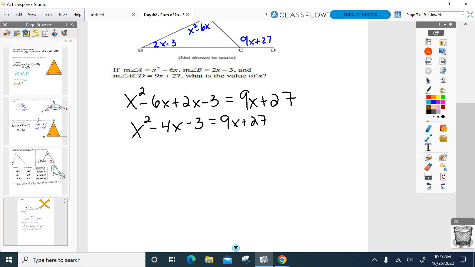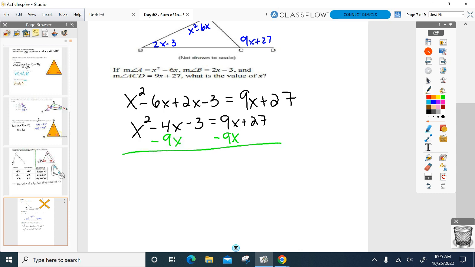Good. Hey, is my x squared already positive? Yeah, but let's keep it that way. Don't move it over to the right and make it negative. So move the 9x and the 27 over to make one side equal to 0. How do I move the 9x over? Subtract it over. I have to make one side equal to 0 before you are allowed to factor.